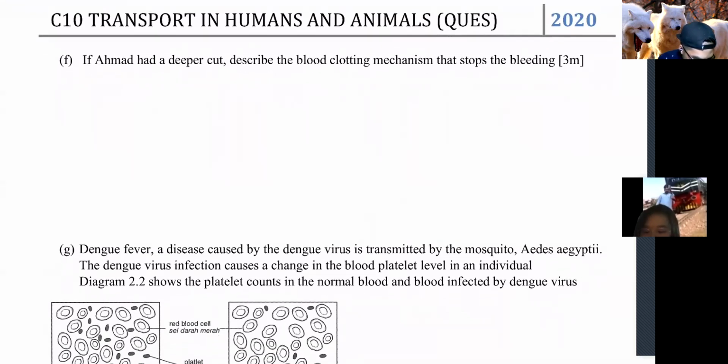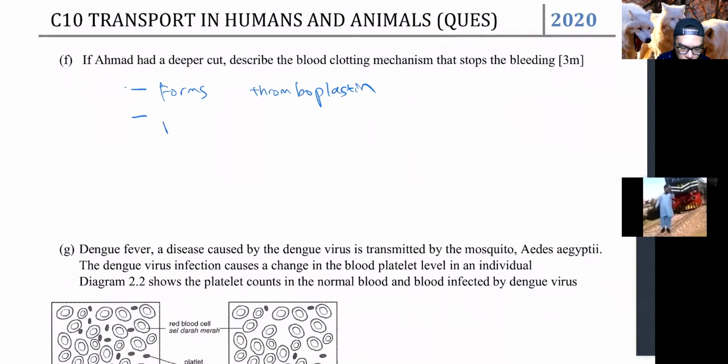Okay, so what happens here? You can start from the thromboplastin. Okay, so it forms thromboplastin. The other 2 points you can get from the reaction just now.